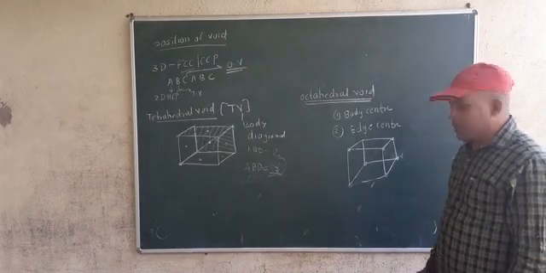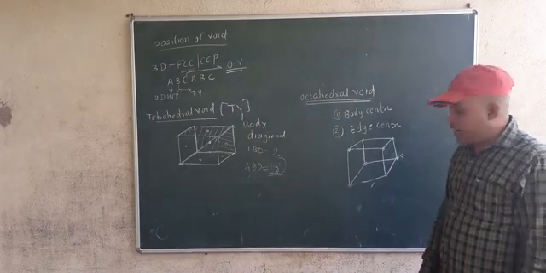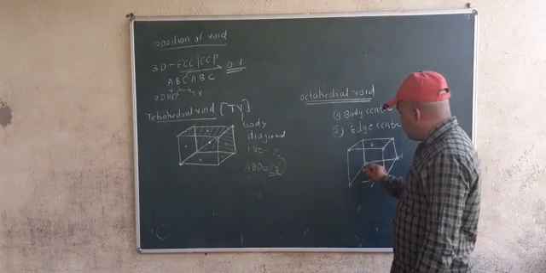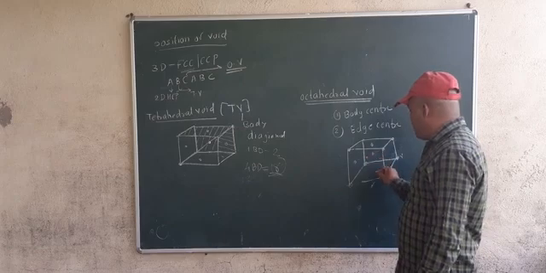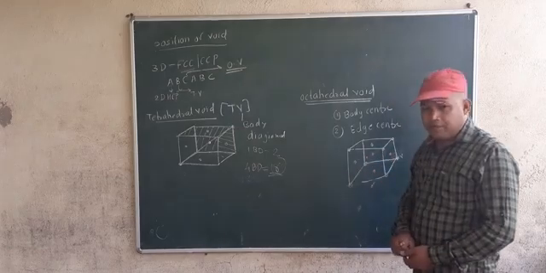8 constituent particles are at 8 corners and 6 are at 6 faces. 1 2 3, हा पुढला फेस 4 5 आणि 6.